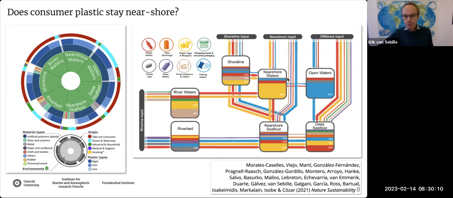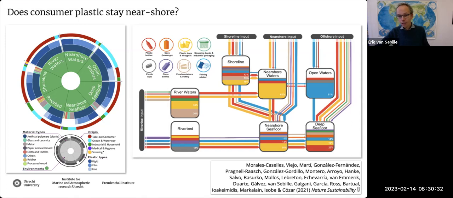Because in fact, there's very little exchange between whatever comes into the ocean from rivers or shorelines or nearshore and what ends up in the open waters. In the global surface oceans, hardly any of the plastic found there comes from nearshore.